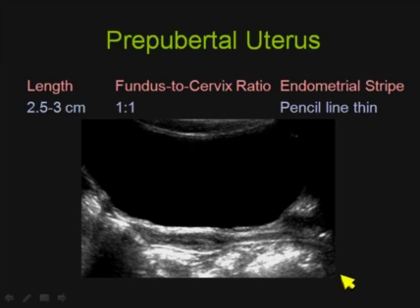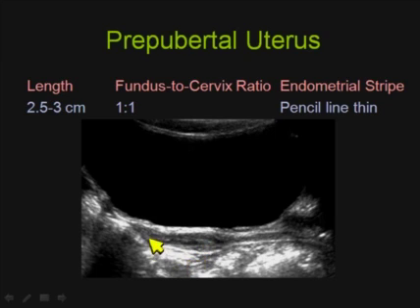In the prepubertal uterus, the uterus is actually smaller than in the newborn due to the decrease in the hormone level once the neonatal period is over. And the length is generally from about 2.5 to 3 centimeters. It's a flat structure, and there's a 1-to-1 ratio of the fundus to the cervix.